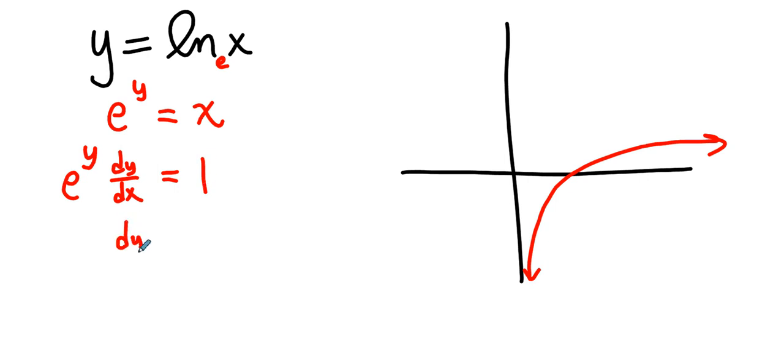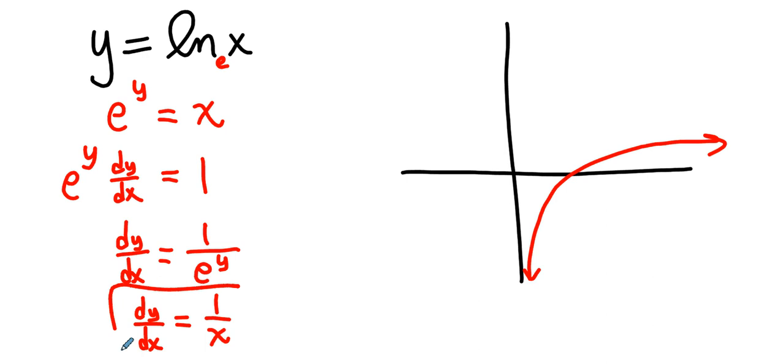So dy dx is 1 over e to the y. We don't have to leave e to the y there because we know what e to the y is. So dy dx is just 1 over x. The derivative of the natural log function is 1 over x.